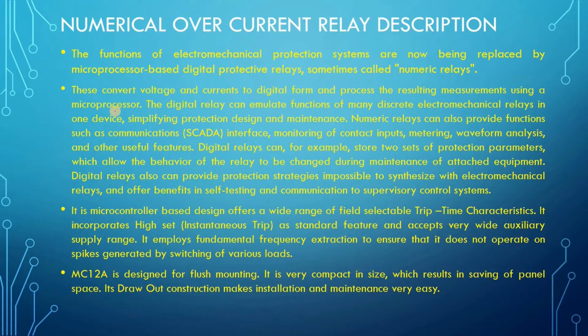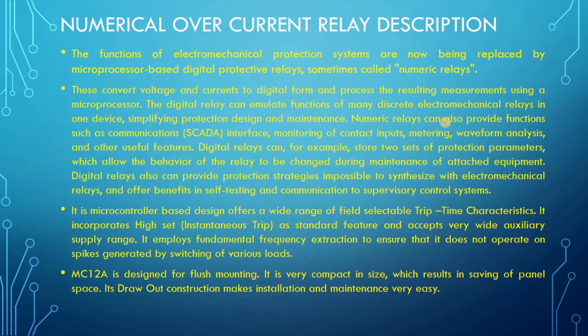Then it can simplify the protection design, because earlier, using electromechanical relays, you might use one relay for one purpose, another relay for another purpose, and so on. Your total control panel will be bigger. But when we replace them with a numerical relay, 2, 3, 4 or 5 relays are replaced with one relay. That means the protection system design is simplified.